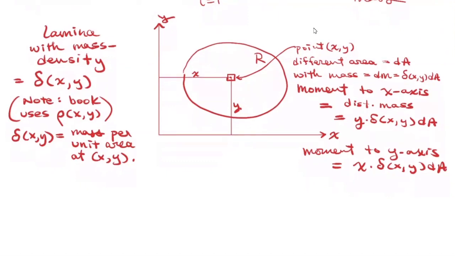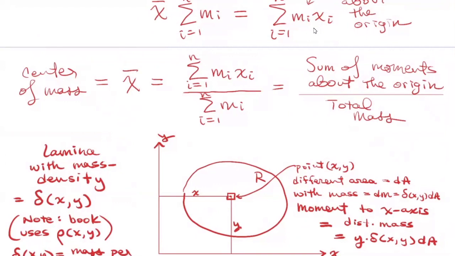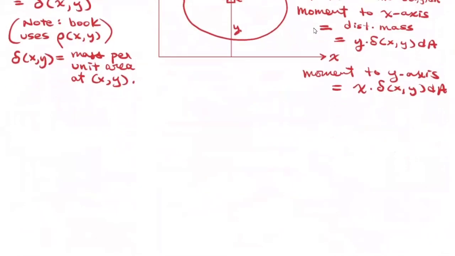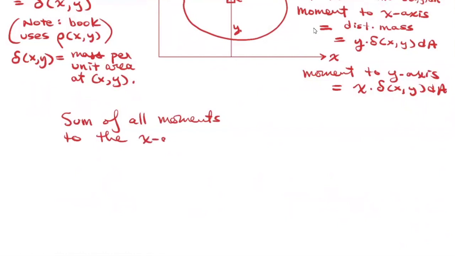Okay, now remember, for the center of mass, you have to do the sum of the moments and divide by total mass. So let's do the sum of all moments to the x-axis. Well, we'll call this Mx.